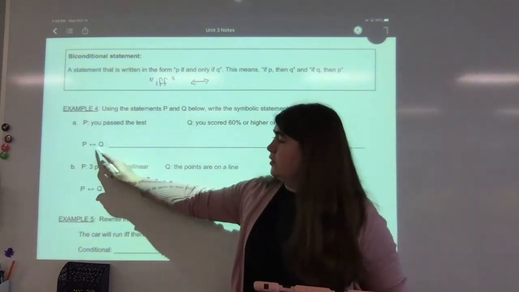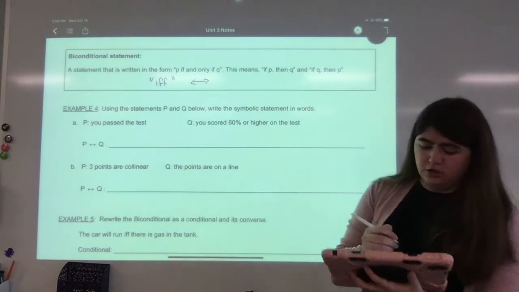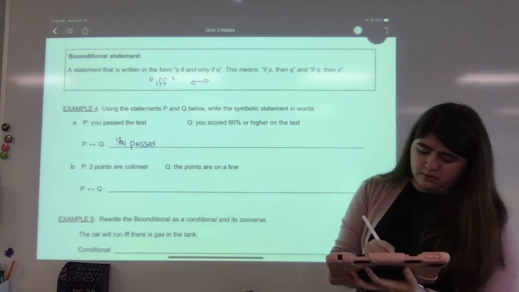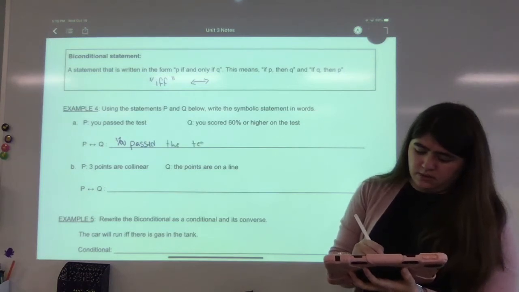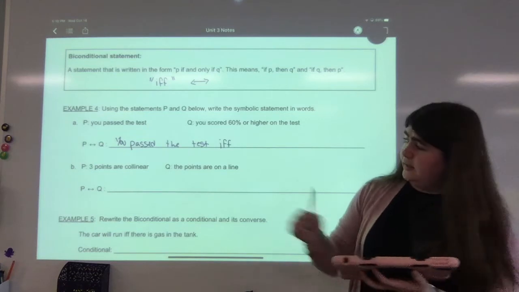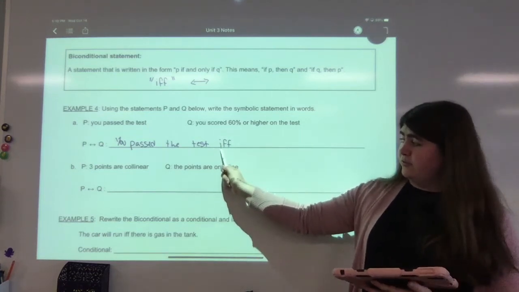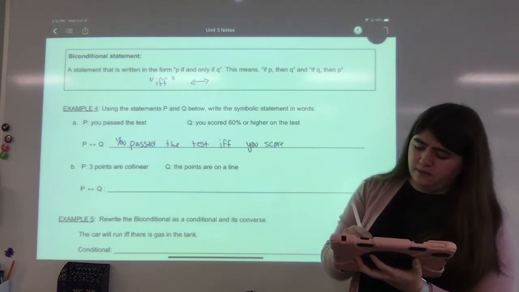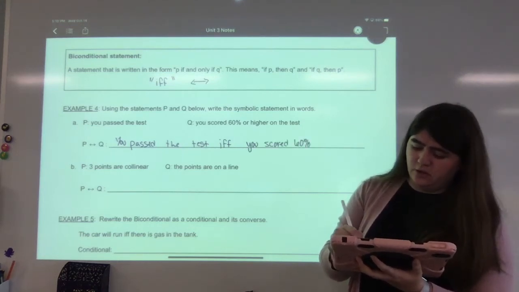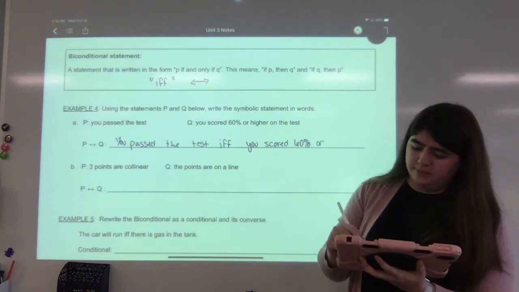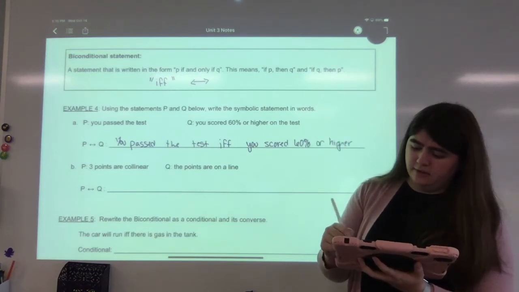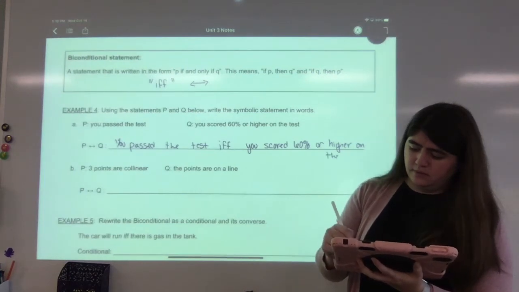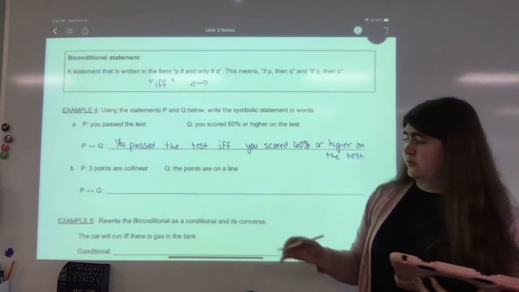So P, if and only if Q. So I can say, you passed the test if and only if, all I have to do is write IFF, you scored 60% or higher on the test. All right, so there's one example.